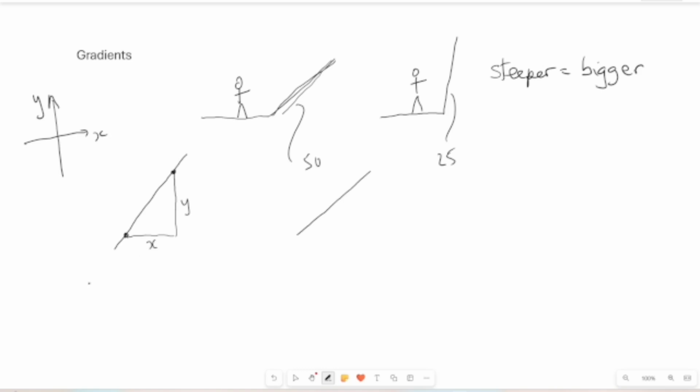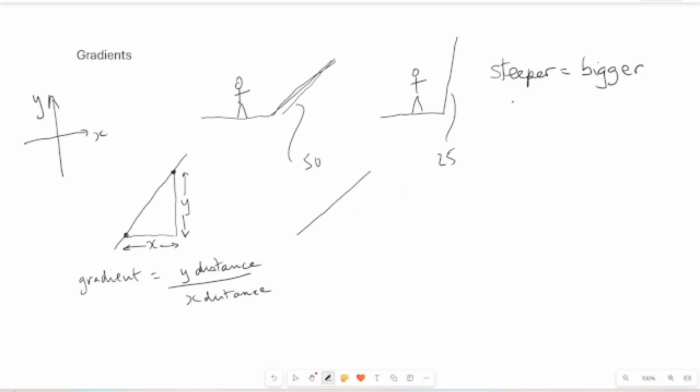And so what we can say here is the gradient is equal to the distance travelled in the y direction, which will be that distance, y distance, divided by x distance. And that is the distance you go in the x direction.